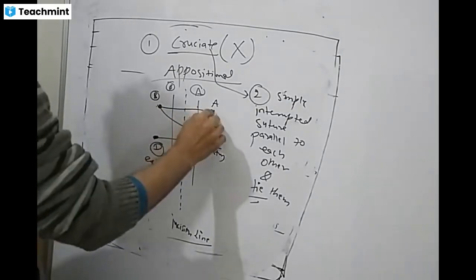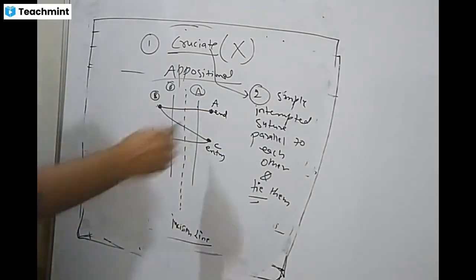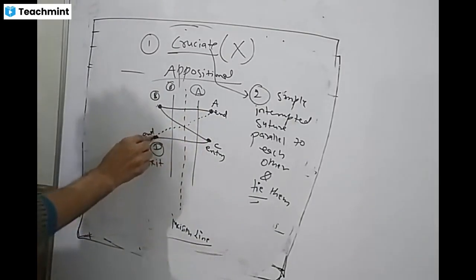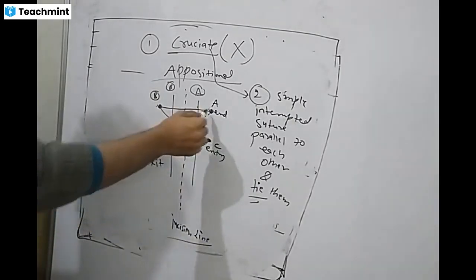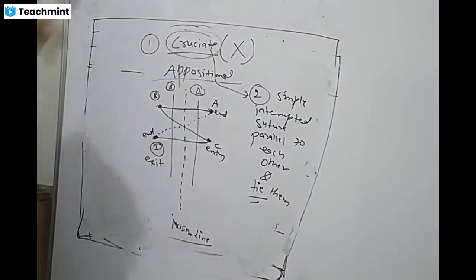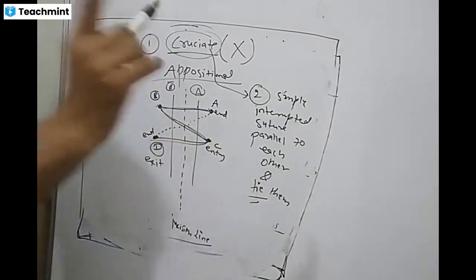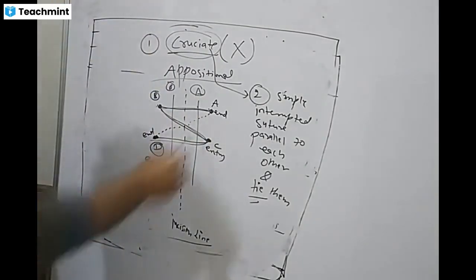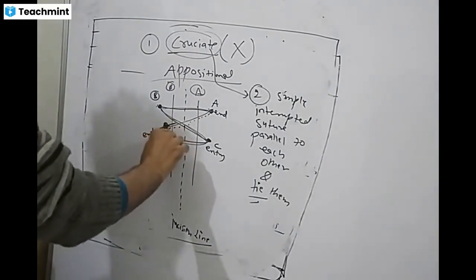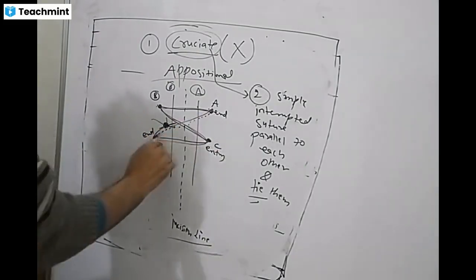So these are the two ends, and we tie these two ends. After tying, the structure becomes a cross, so we call it cruciate. So there are two simple interrupted sutures placed parallel to each other, and we tie them at the end.